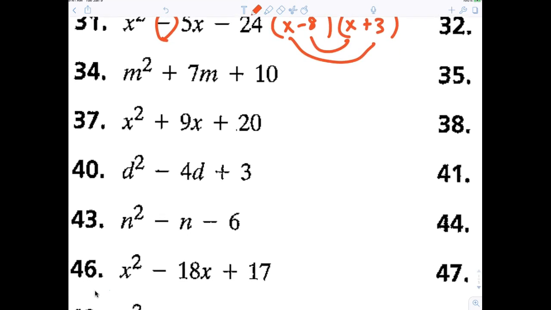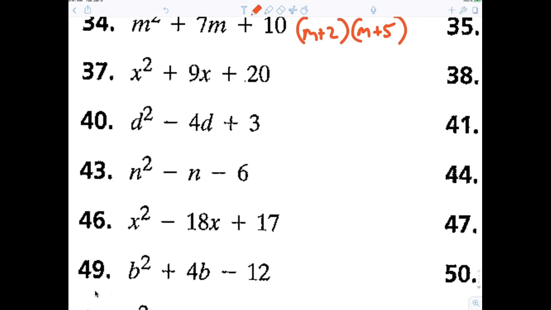All right. Number 34. So I'll be and I'll be plus 2 plus 5. Simple. All right, Carly, help me. Okay, so it would be x and x.